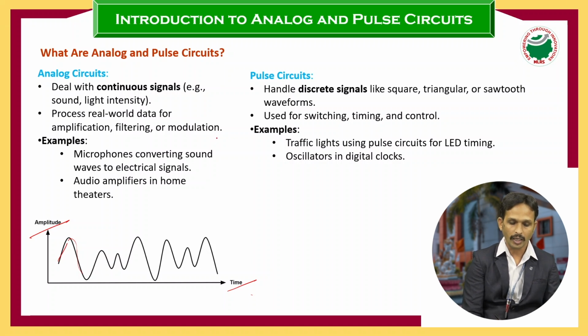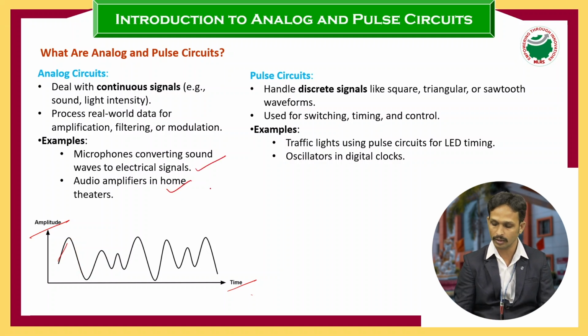Examples of analog circuits are microphones converting sound waves to electrical signals, and audio amplifiers in our homes. The other type is pulse circuits, which handle discrete signals like square waves, triangular waves and sawtooth waveforms. These signals are given as input to the circuits.